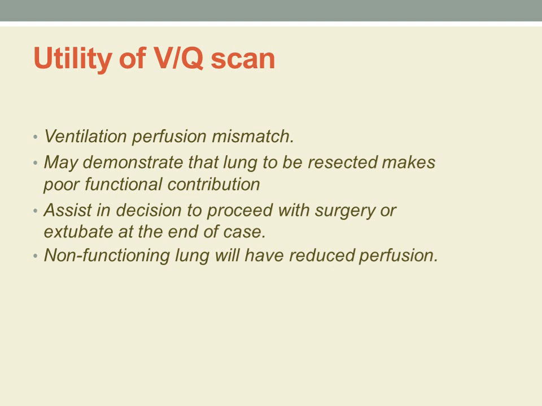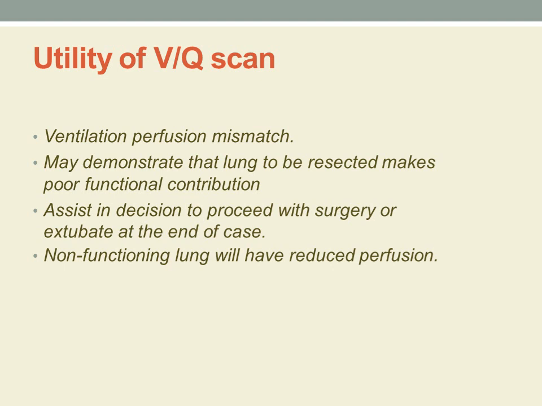If the patient is marginal with FEV1 of 1.5, it would be an absolute contraindication. But if the perfusion scan shows that the lung is contributing less than 10%, then we will proceed.